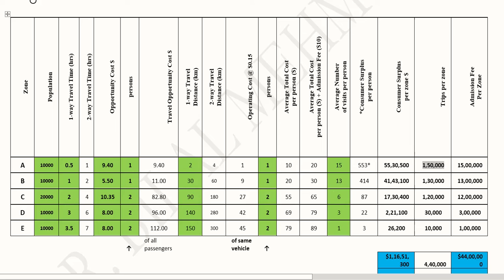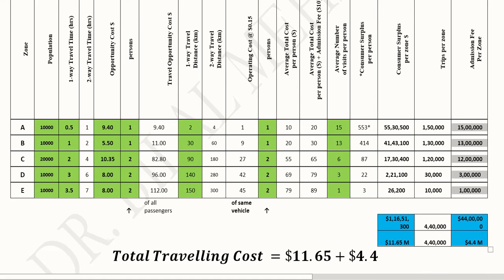So you see 10 is being multiplied with all of these values, giving rise to this value. So the admission fee here is calculated, and here the consumer surplus was calculated, and we can see that this is also in dollar terms.